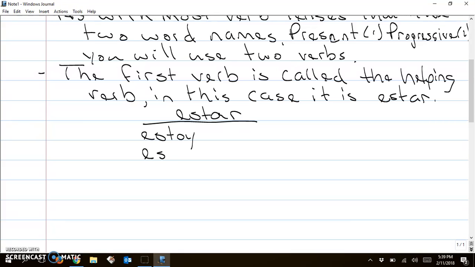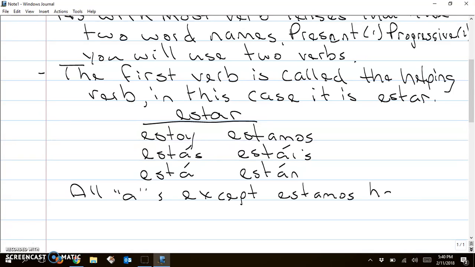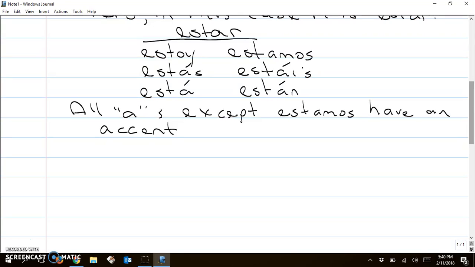Estoy, estás, está, estamos, estáis, and están. Remember, don't forget your accents. Easy way to remember, all A's except estamos. Okay, all A's except estamos have an accent. Other than the Y in the yo form, that's what makes estar irregular.